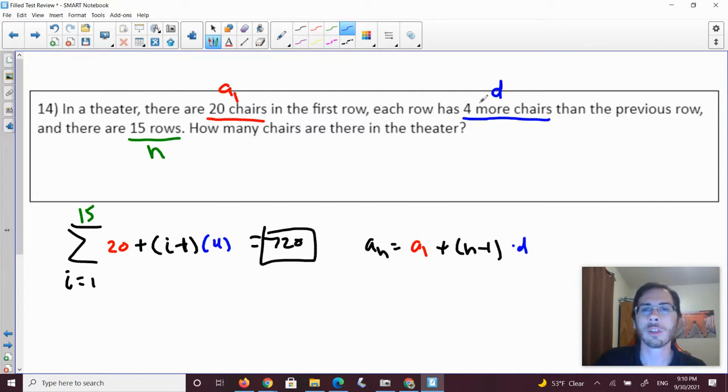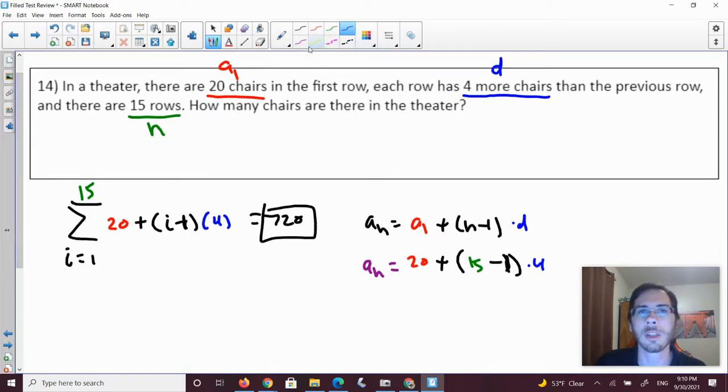We know n, A sub 1, and d, so we can solve for A sub n. So A sub n is going to equal, just like we've got over there, 20 plus, we'll do parentheses, n minus 1. But we actually know n, right? n is 15. d is going to be times 4. So we can solve this. We can find out how many seats are in the last row.